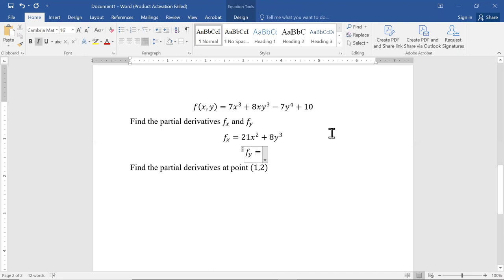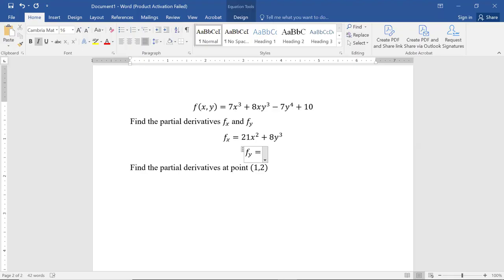All right, so let's take f sub y. Well, 7x to the third is a constant, so derivative of that is 0. 8x times y to the third. Y is my variable, so 8x is being treated as essentially a coefficient of y to the third. So the 3 is going to come down. 8 times 3 is 24.